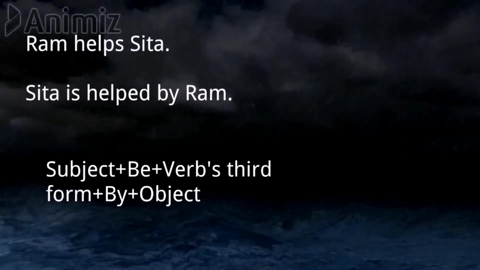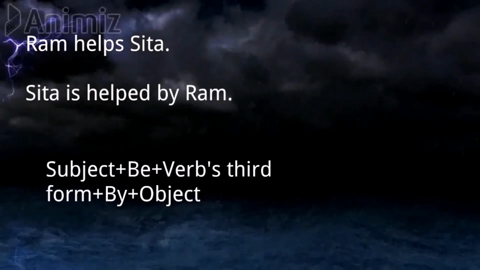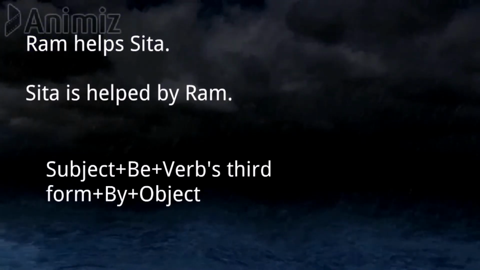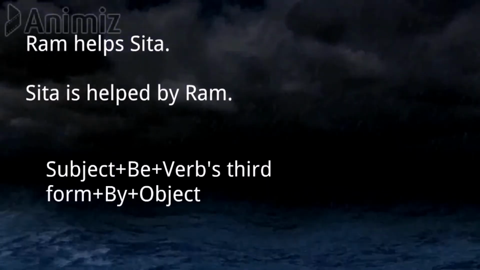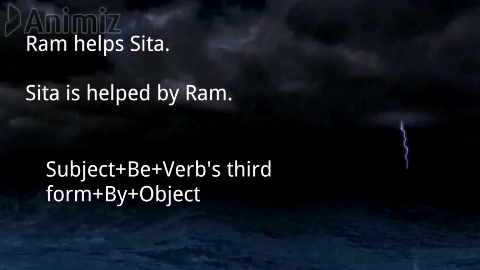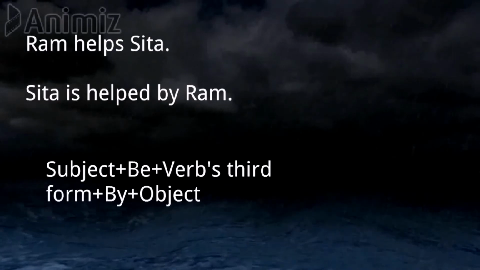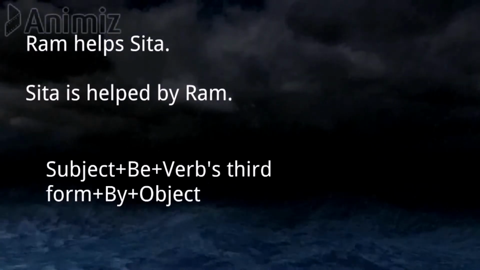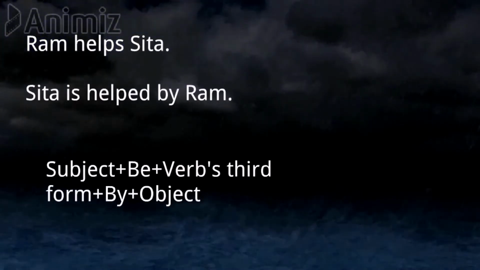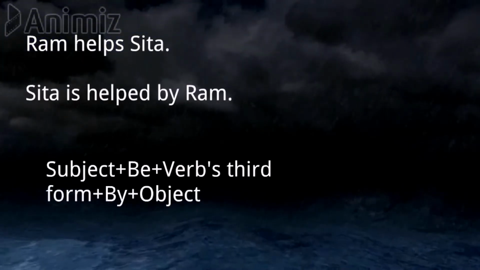Now see the second sentence. Sita is held by Ram. So in the second sentence, Sita is the receiver of the action. Sita is being held by Ram. So the second sentence is in passive voice.